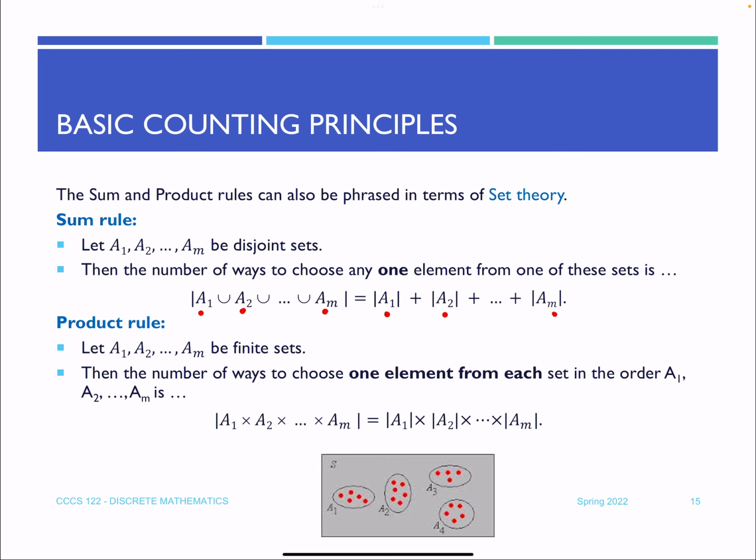Then the number of ways you can choose one element from each set in the order A1, A2, A3, all the way up to AM is the cardinality of the m-dimensional Cartesian product of A1, A2, A3, all the way to AM, all the different sets, which is equal to the product of cardinalities of each set.